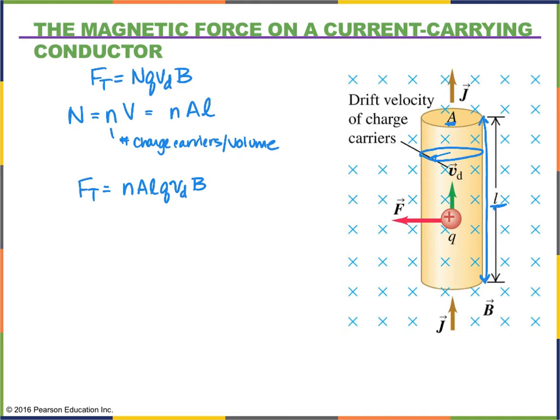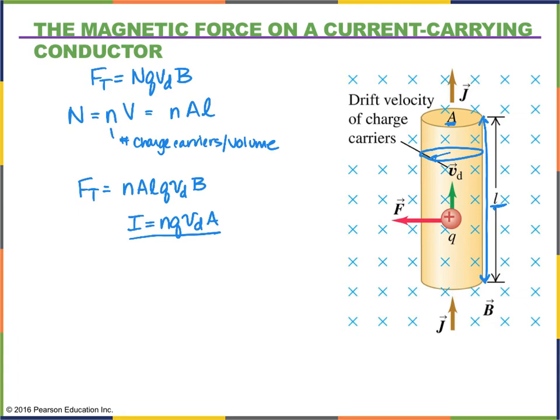So it was a lot, but if you remember from a previous chapter, we found an expression for the current in a piece of wire using these terms: density of charge carriers, charge per carrier, drift velocity, and cross-sectional area.